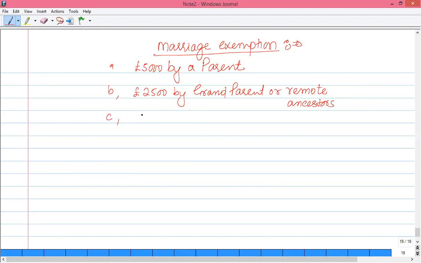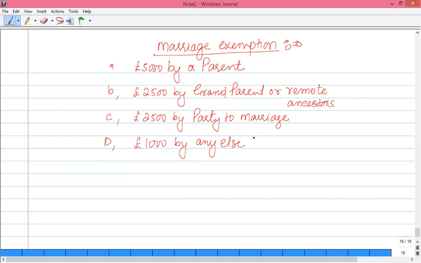Similarly, up to 2,500 by party to marriage, that is bride to groom or groom to bride, and 1,000 by anyone else.